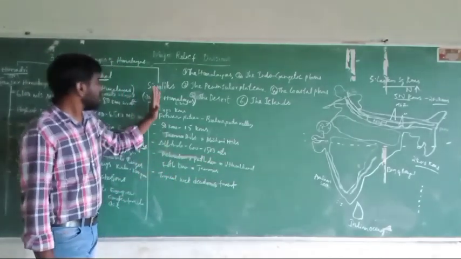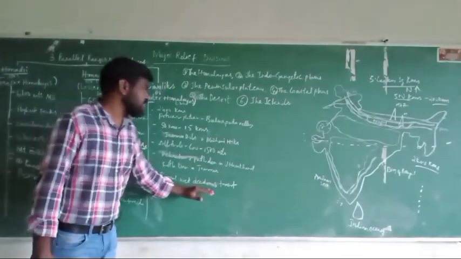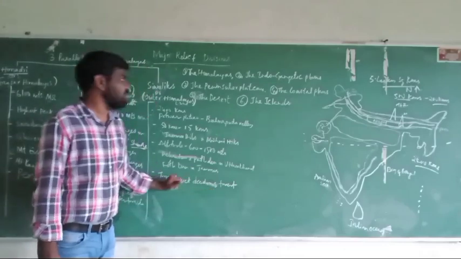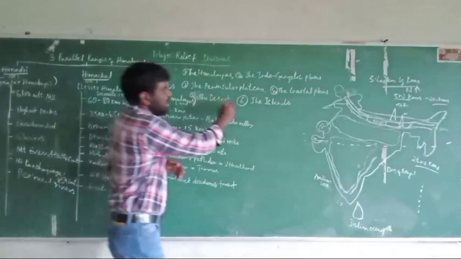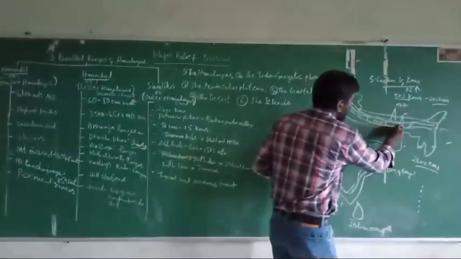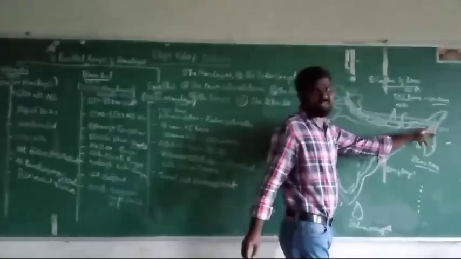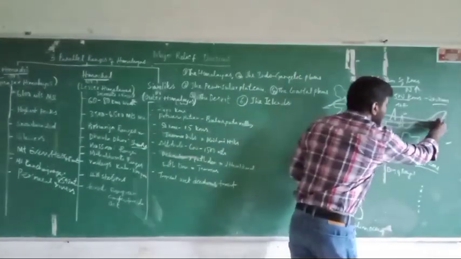These Shivaliks are covered with tropical wet deciduous forest. So, these Outer Himalayas, that is the Shivaliks, behind the Dihang Valley in Arunachal Pradesh, take a hairpin bend.